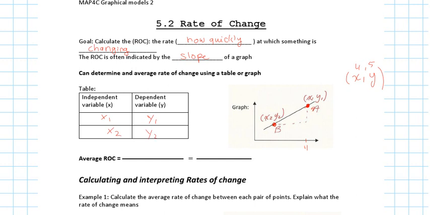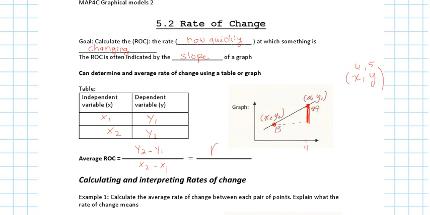To find the average rate of change, I have to do y2 minus y1 over x2 minus x1. Okay? So that's the difference in the y divided by the difference in the x. If I'm looking at the difference in the y, that's my rise.